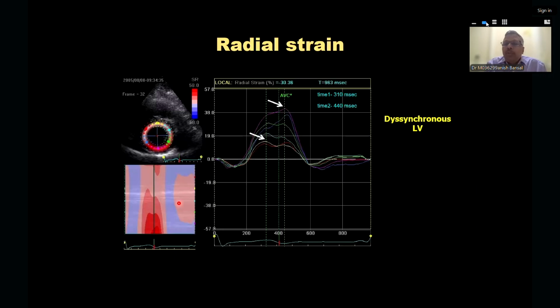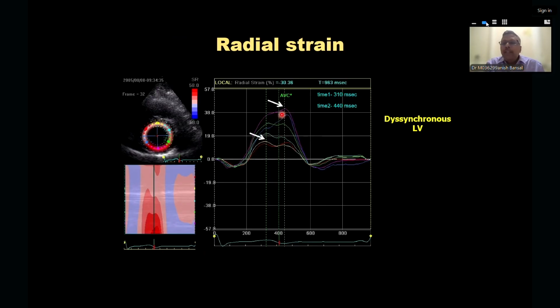Now, another scenario is patients who are undergoing CRT. We know that we don't use echo for selecting patients for CRT, but there could be another application here. So, in this example, we are looking at radial strain, and you can see these different curves showing strain from different myocardial segments. We can see the peaks occurring at different times.